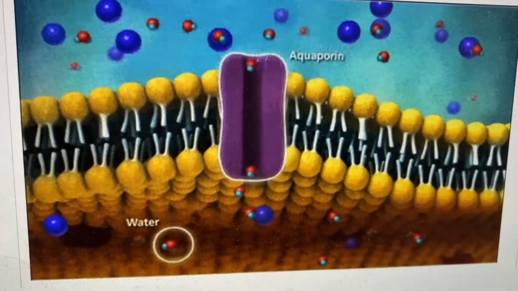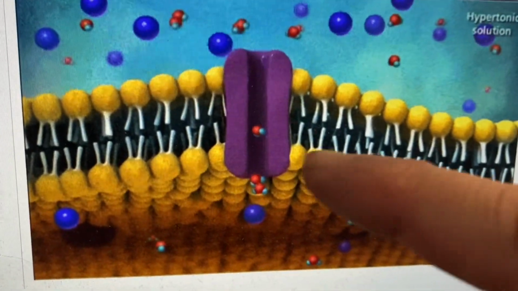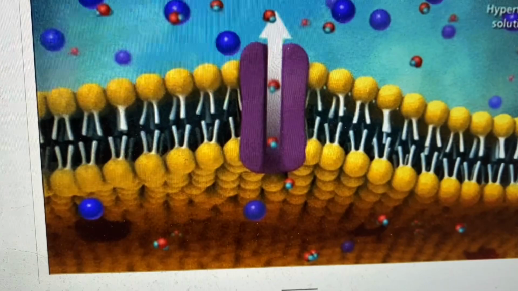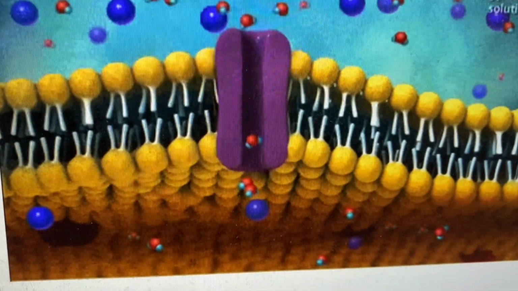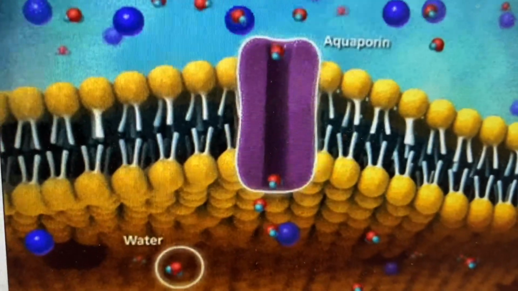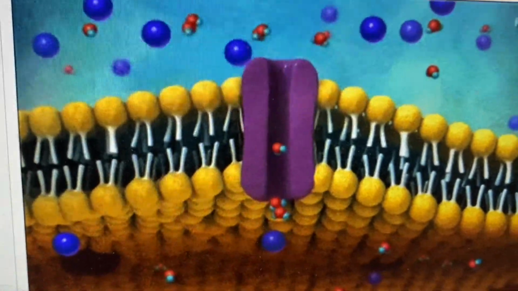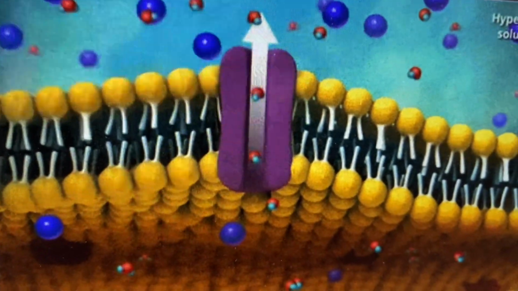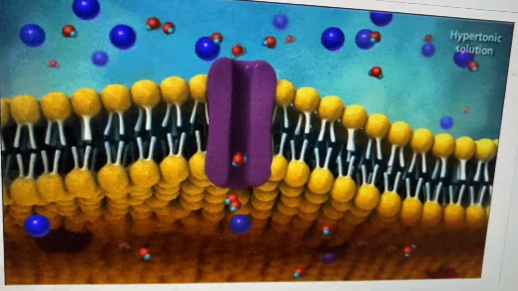Water does this famously. Water moves through aquaporins, which allow it to move from areas of high concentration to areas of low concentration through diffusion. And of course, we learned the diffusion of water has a special name. What's that name again? That's right, it's called osmosis.